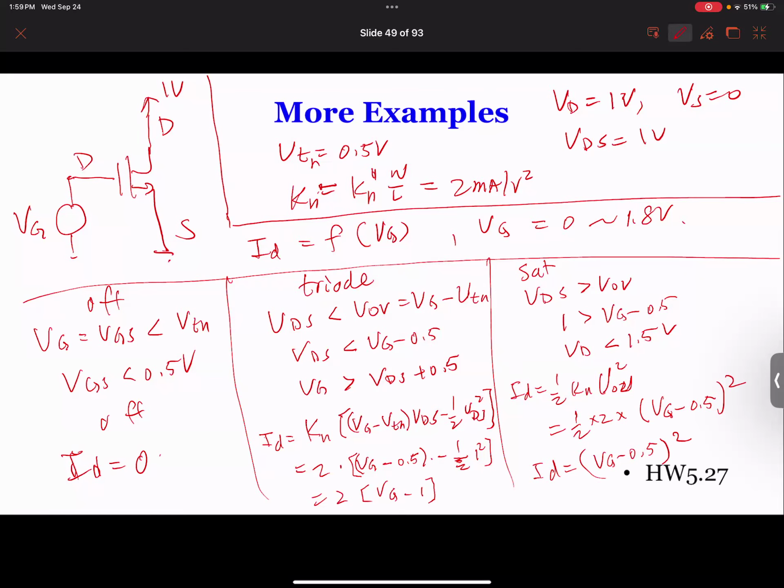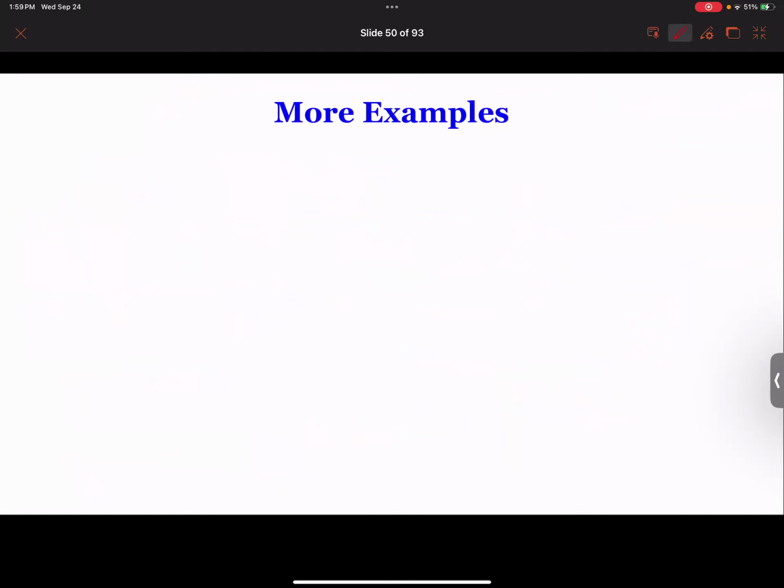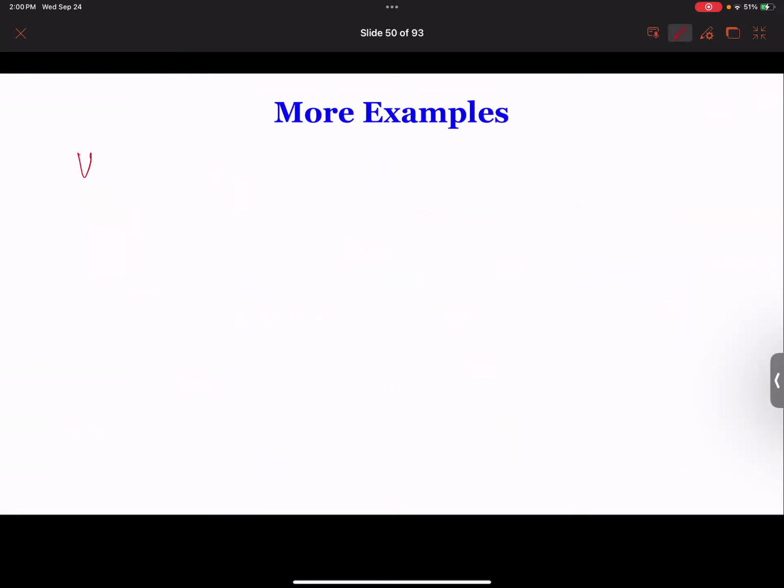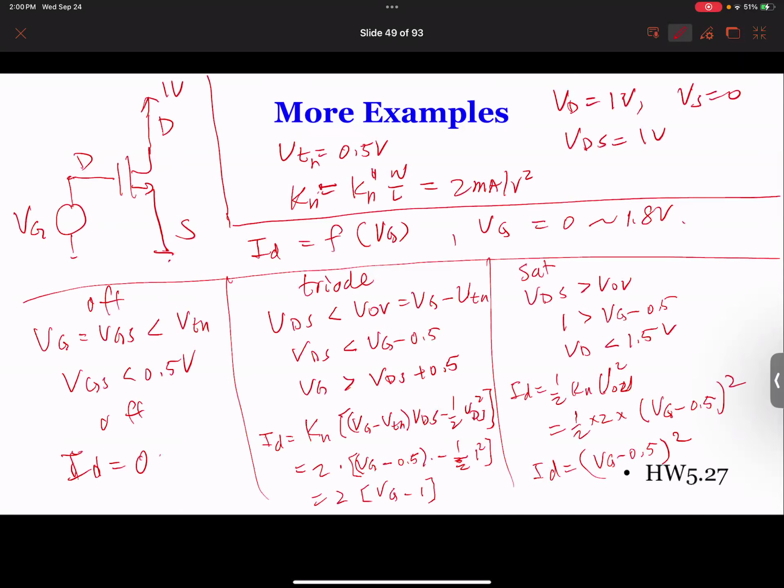So we can plot this one. We found in the previous slide that it depends on VG, so there are 3 conditions. VG less than 0.5, ID equal to 0, right? That's the off condition.